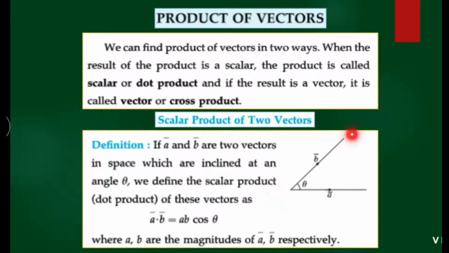See here, the definition of scalar product. Here we consider two vectors, vector A and vector B, and the angle between these two vectors is theta. So see the definition.